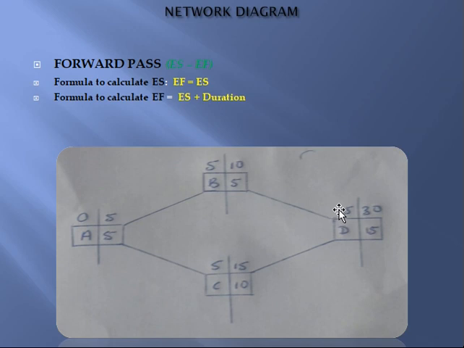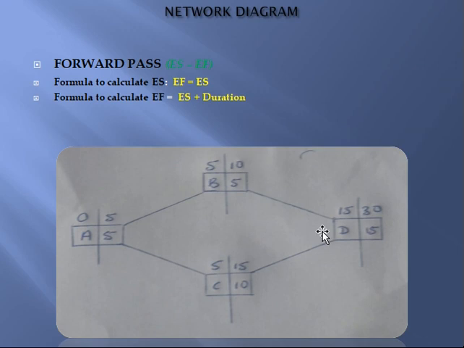Now the reason is because, like we said, activity D is dependent on B and what? C. Activity B will finish on the 10th. So even if activity B finishes on the 10th, activity D still cannot start. Understand why?